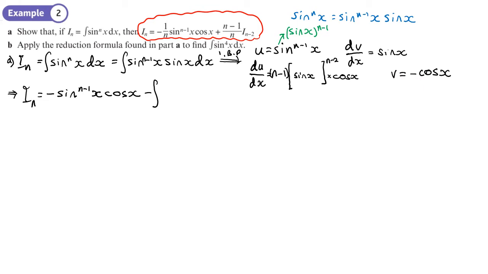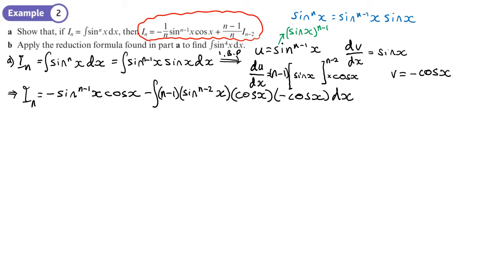I'll simplify in a moment, but I'll write the whole thing out. So I'll have n minus 1, and that's times sine to the power n minus 2 x, mustn't forget the x, and that's times cos x, which is in turn times v, which is negative cos x dx.